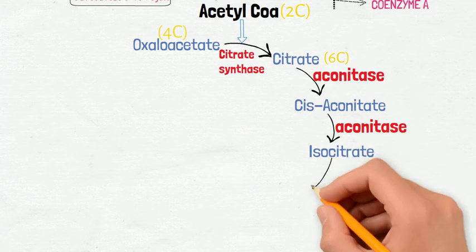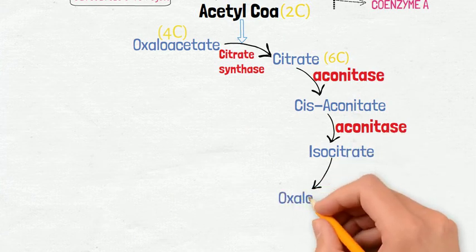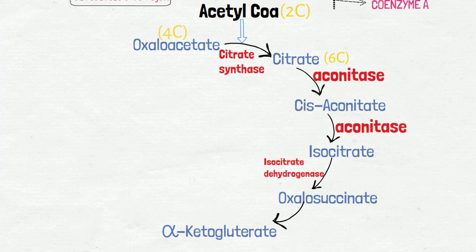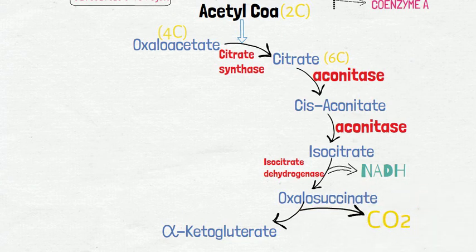Isocitrate is converted to oxalosuccinate, which is converted to alpha-ketoglutarate by the enzyme isocitrate dehydrogenase. In this step, energy is released in the form of NADH along with carbon dioxide. Therefore, alpha-ketoglutarate becomes a 5-carbon compound.